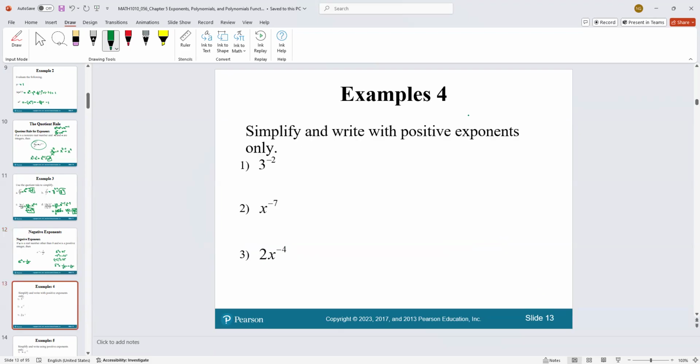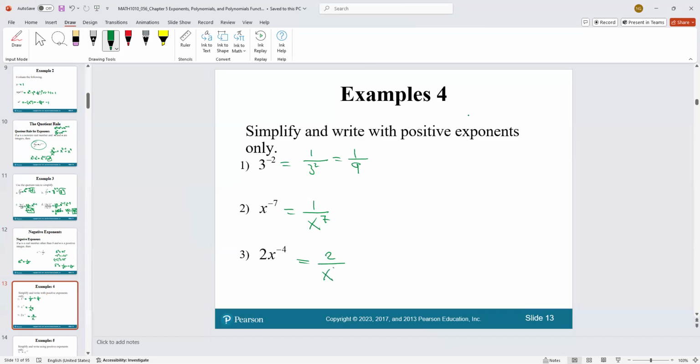A few examples to explain this better. The first thing to do is to see 3 power negative 2 is 1 over 3 power 2, so 1 over 9. Then 1 over x power 7. And remember, the 2 will remain in the top.